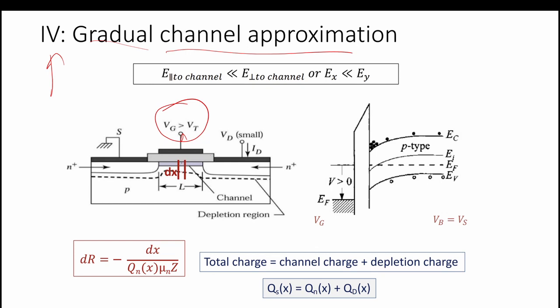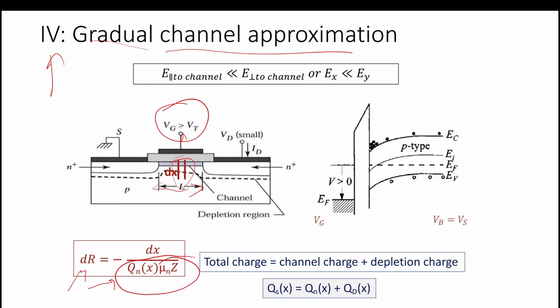Let us take a very small region dx out of the channel length, and see the resistance of the channel. The resistance is nothing but one by the conductance, which we have already seen in the previous one.